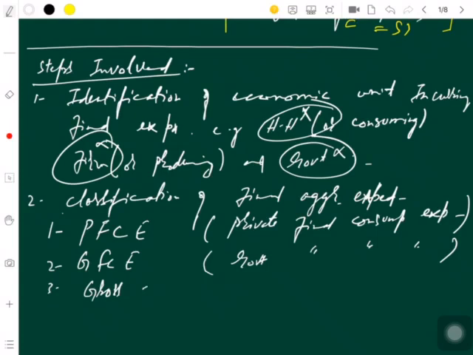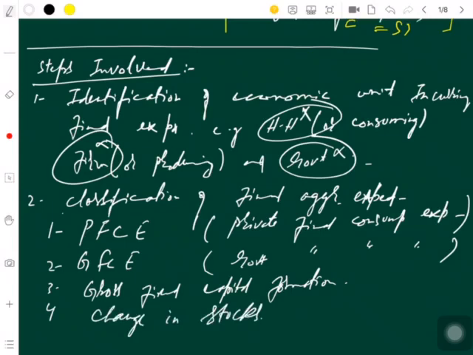Next, delta S, the change in stocks, and fifth, net exports. This is how we classify it into different parts.